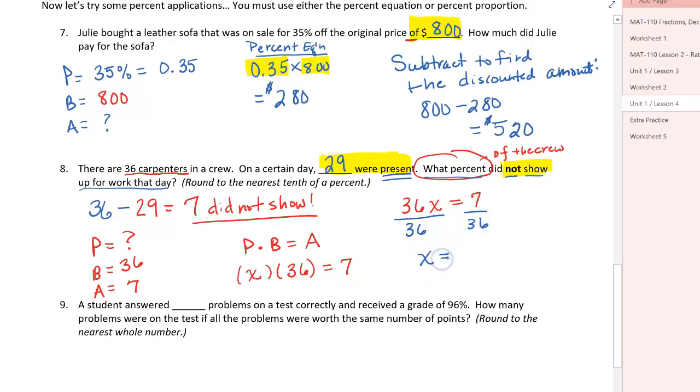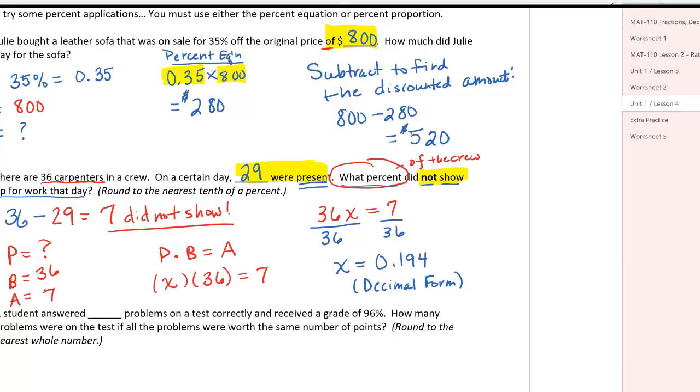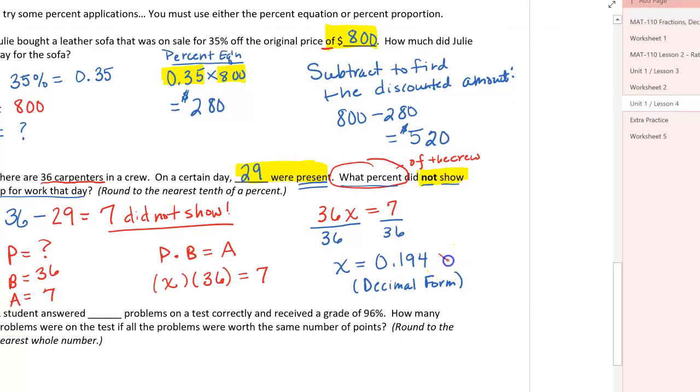So x is equal to 0.194. Now remember, when you're using the percent equation, the answer you get for the percentage is actually in decimal form. So to change this to a percentage, remember from last week, we're going to multiply by 100, which moves the decimal 2 places to the right. So our final answer is 19.4%.